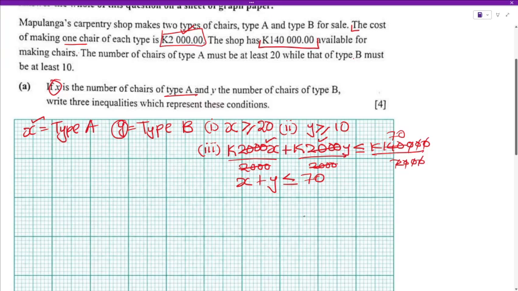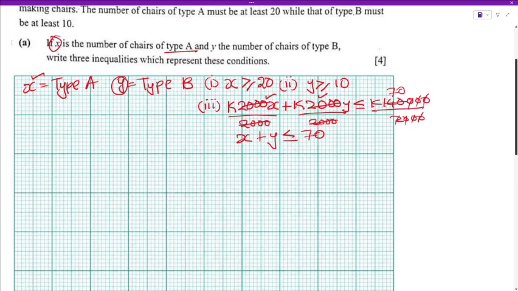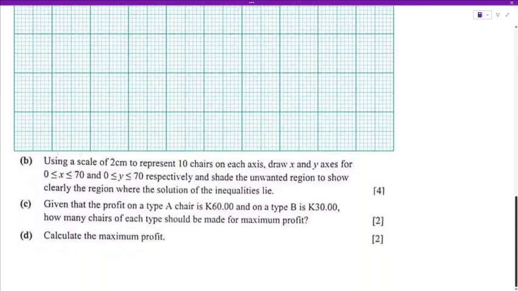Having come up with the inequalities, we can now go ahead and draw our graph. We need to scroll down to the question that gives us the scale for the graph, which is this one here, saying use 2 centimeters to represent 10 chairs on each axis. Draw the x and y axis.